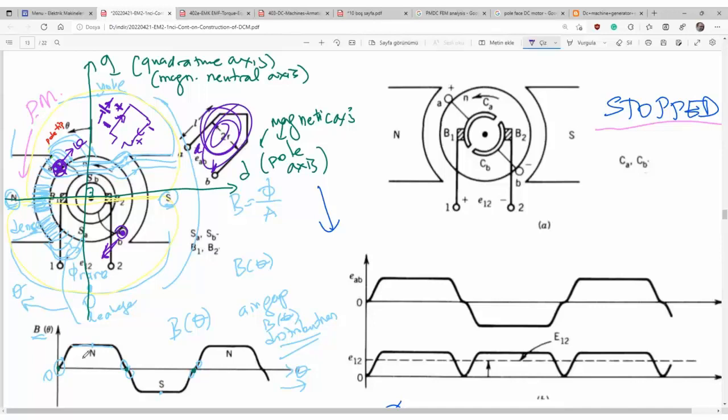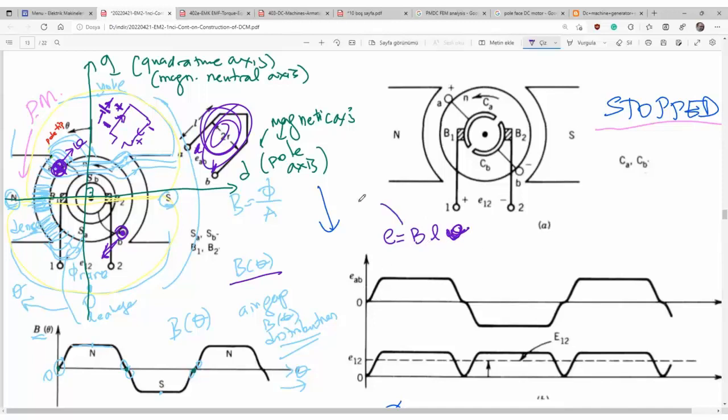Now, ladies and gentlemen, let me summarize what I mean. Here is the magnetic field distribution around the air gap, and I install some conductors in the rotor here. When I move the conductors, there will be some electromotive force induced due to Faraday's law, or speed EMF.